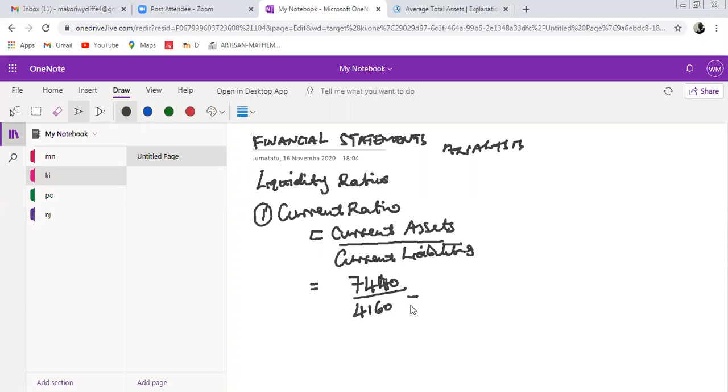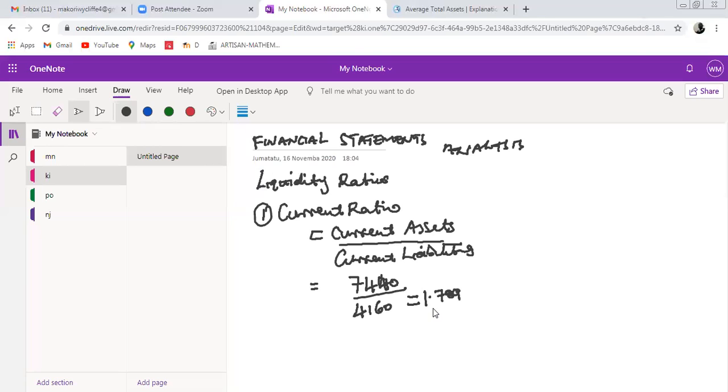If you divide that, what do you get? 1.788. Okay, let me call it 1.789.